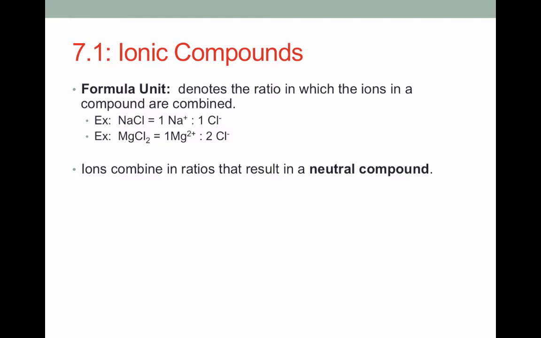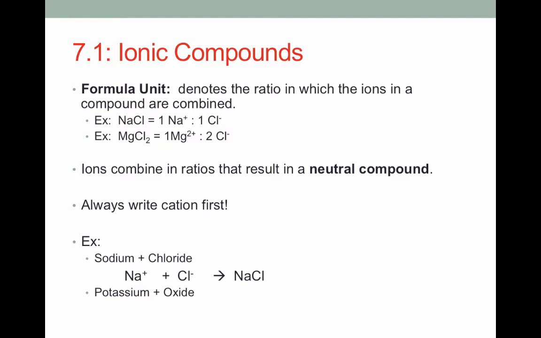When writing ionic compounds, we want to make sure to always write the cation first. Recall that the cation is the positive ion. So for example, sodium chloride would be NaCl. It's a 1-to-1 ratio because sodium is Na+ and chloride is Cl-, and sodium is our positive ion, so it gets written first.